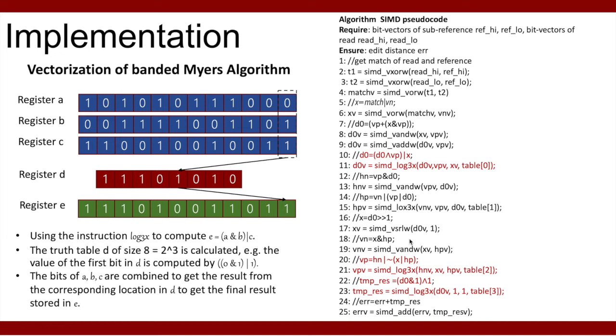First, the truth table D is calculated. Then the bits of A, B, C are combined to get the result from the corresponding location in D, giving the final result stored in E. The right part is the implementation of vectorization of the banded Myers algorithm.